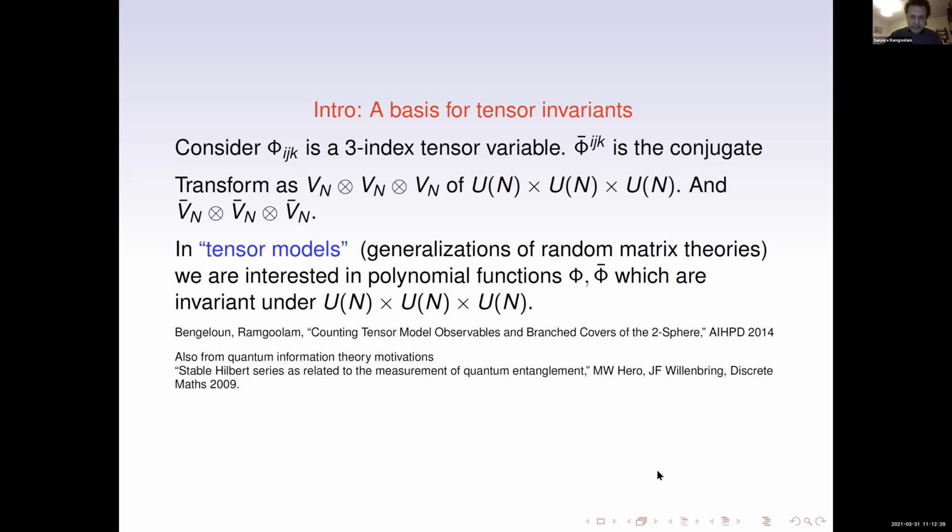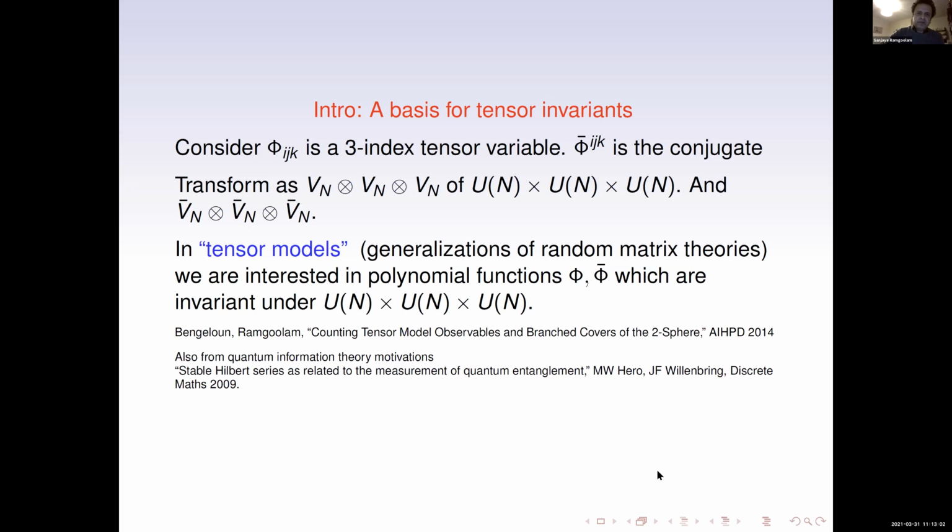So it is of interest to count the tensor invariants, the polynomial invariants that you can make out of phi's and phi bars. Because these transform as tensor products of V, and these as V bar, the only way to get invariants is to take, for example, phi and phi bar, or two phi's and two phi bars. So you have to specify a degree, and then you count the invariants.